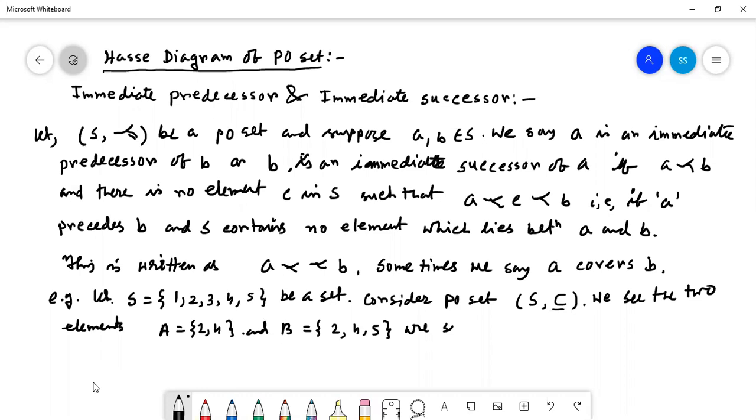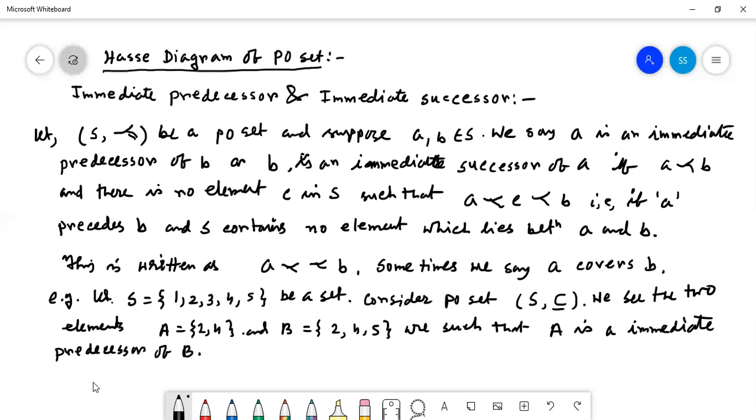So A is an immediate predecessor of B. B is {2, 4, 5}, and here A is only {2, 4}.